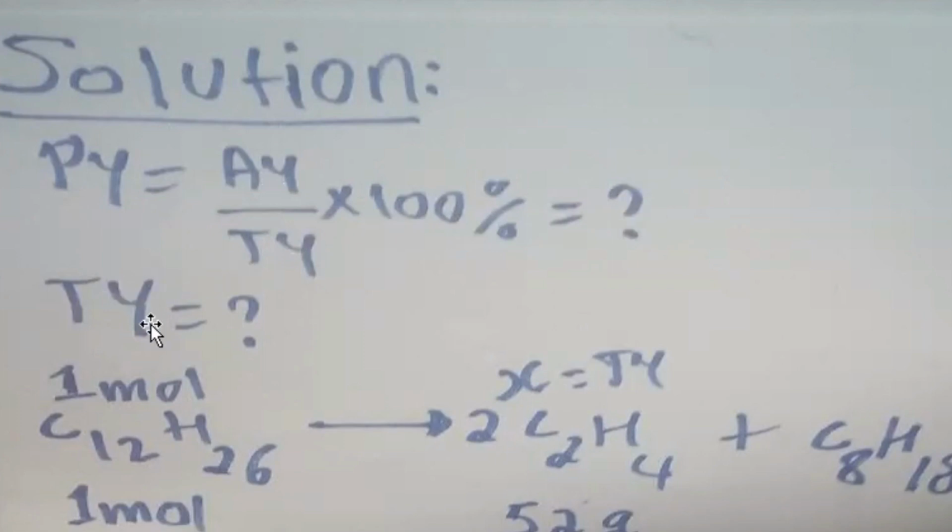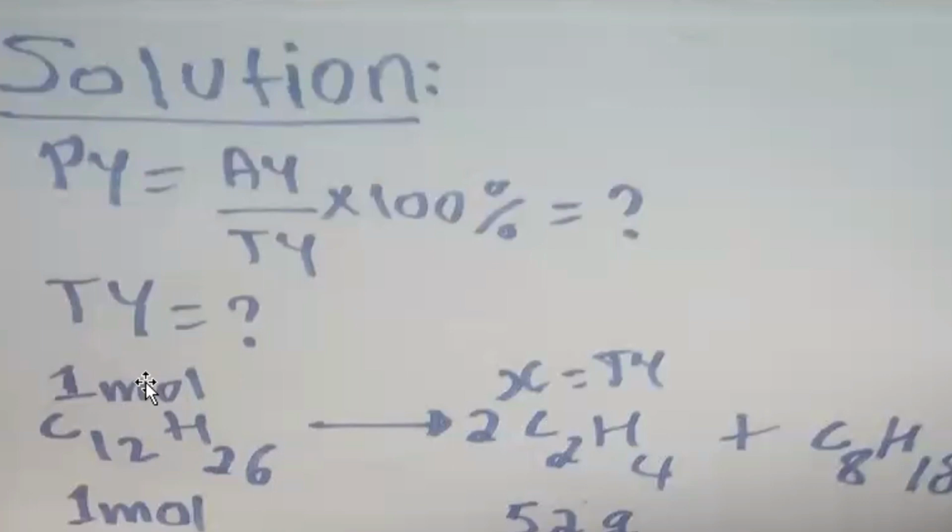We have to calculate the theoretical yield, which is calculated from 1 mole of C12H26. 1 mole of C12H26 will produce X amount of C2H4. Theoretical yield is expressed in gram because the actual yield is given in gram. 22.4 gram is given.